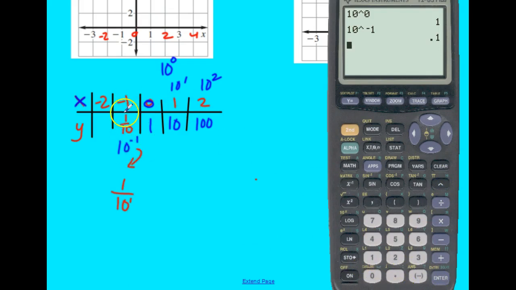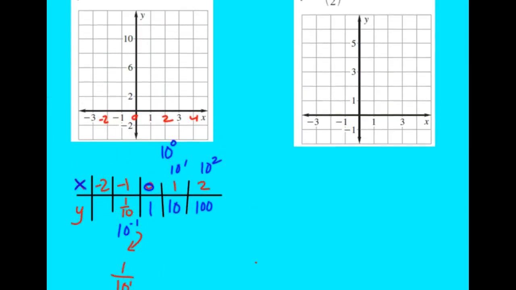If you want to write that as a decimal, sure, you can. Either one will work, so you can write 1/10, or 0.1. And then 10 to the power of -2 would be 10 to the power of 2 in the denominator. Now we moved it to the bottom. So 1 over 100, or 0.01.